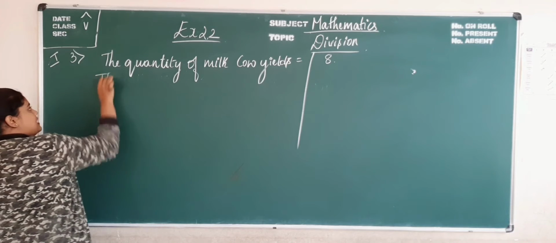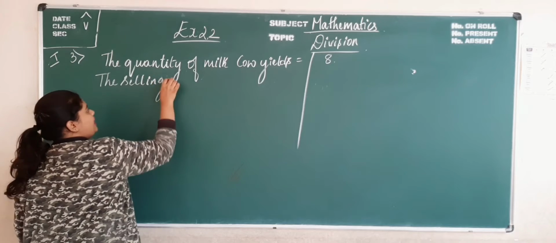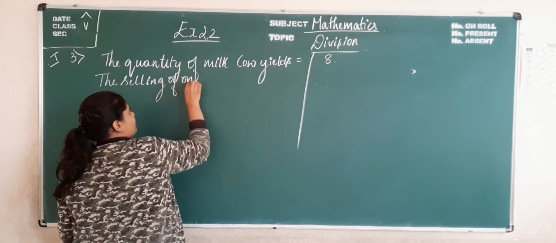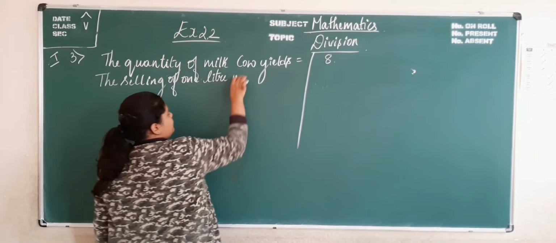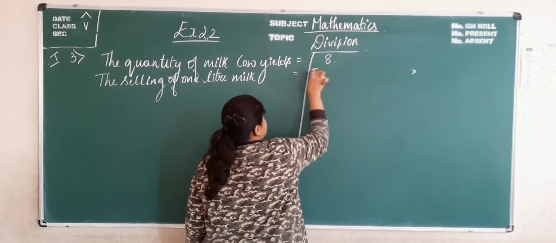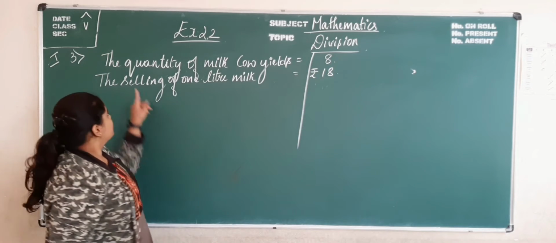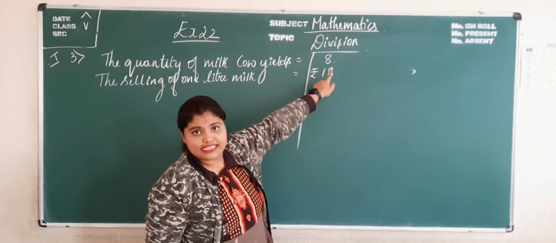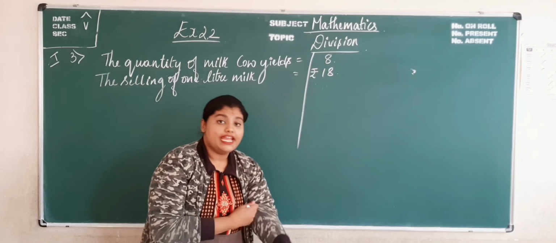The selling price of 1 liter milk is equal to how much? Yes, rupees 18. So the quantity of milk cow yields is 8 liters, and the selling price of 1 liter milk is 18 rupees.